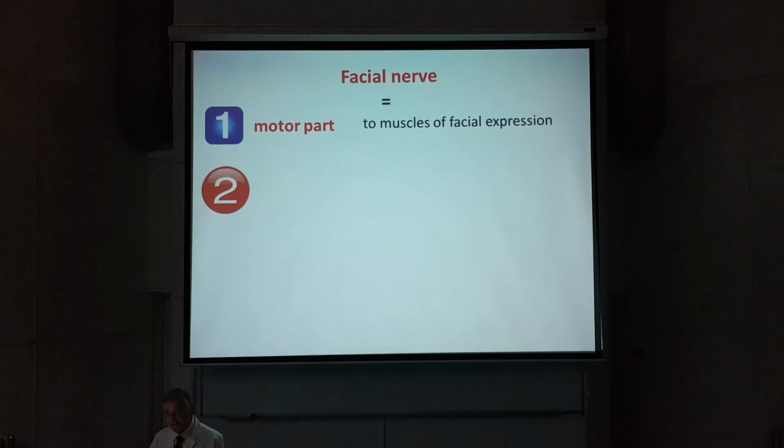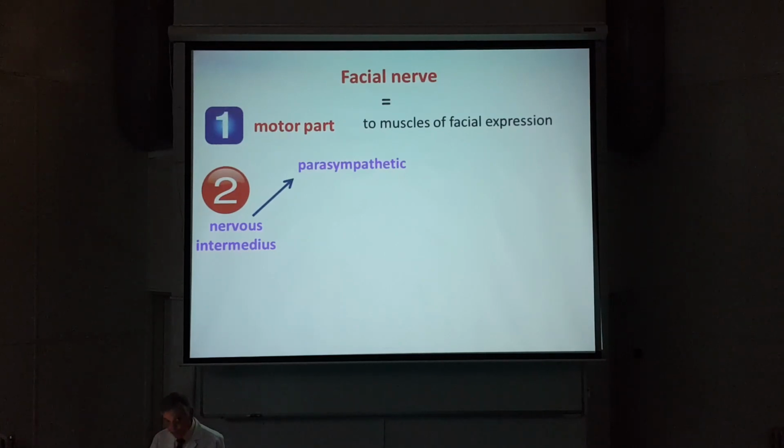Plus another thing, another nerve attached to the facial nerve. And this is called nervus intermedius. Some people call nervus intermedius the 13th cranial nerve. Cranial nerve number 13. It is attached to the facial nerve.